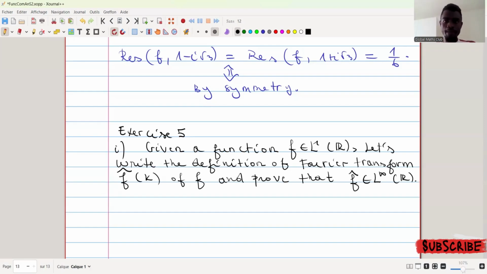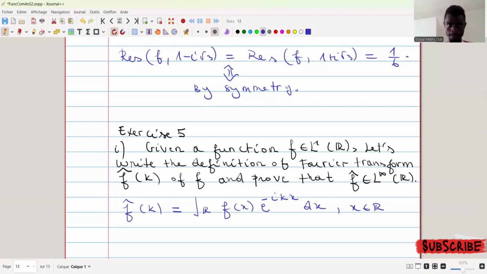Now I don't know which definition of the Fourier transform was given. We are going to use the definition that we know. So I'm going to write the two different expressions, and you are going to choose what you know. You can also write it like this.